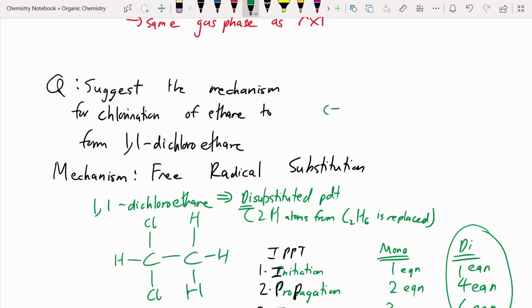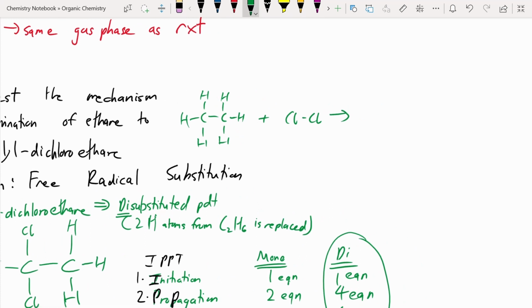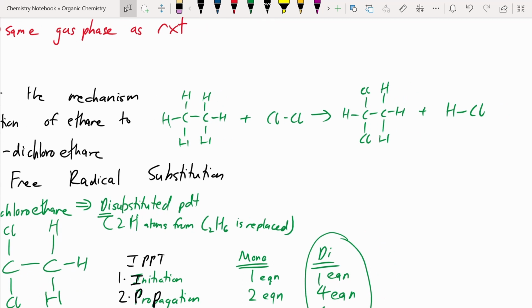I draw out C2H6, then you plus chlorine, and this is the overall reaction to help you visualize, to form dichloroethane and your HCl, and then you would check if it's balanced.